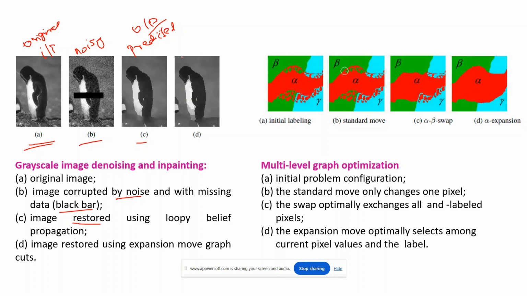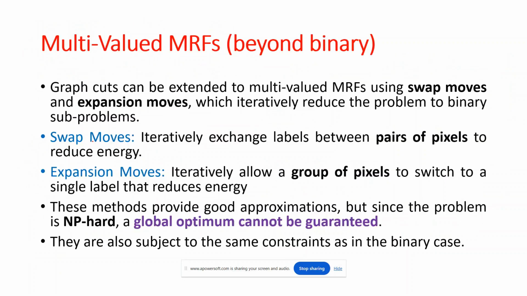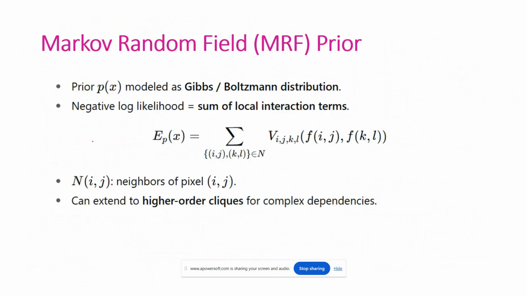So this is my output, and this is my original, considered as the input. On denoising, I'm getting some result. I need to compare the restored one with the original one to identify how good the result is. We need to determine the smoothness, as well as how exactly the missing data is matched, how well the black bar is matched. This is known as the output or predicted one.